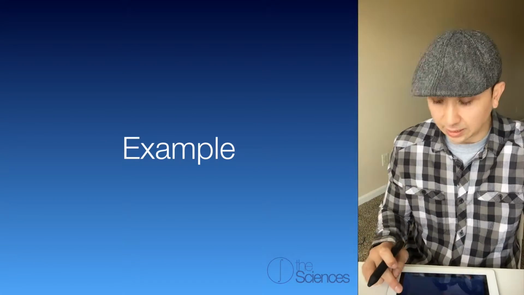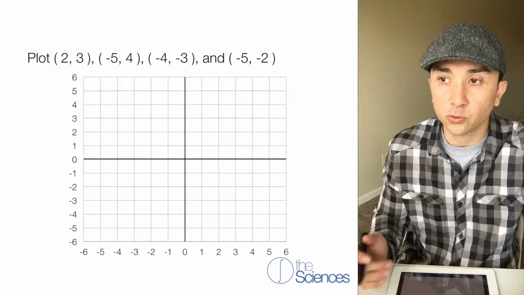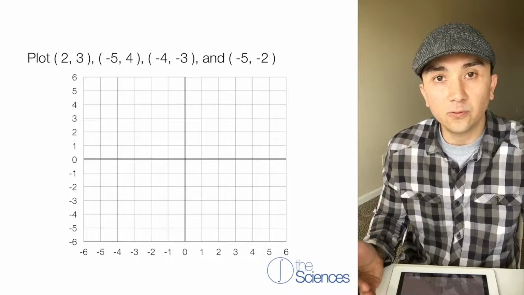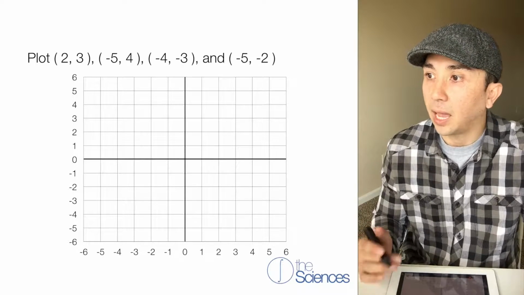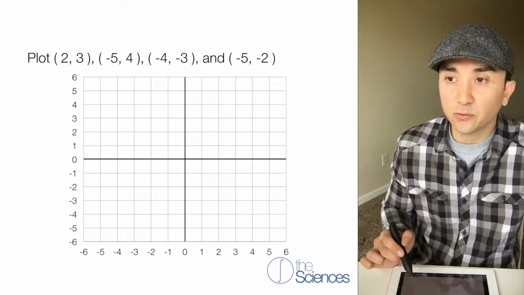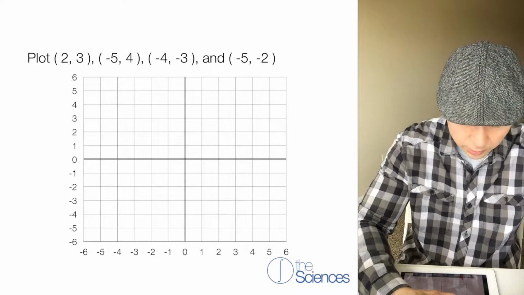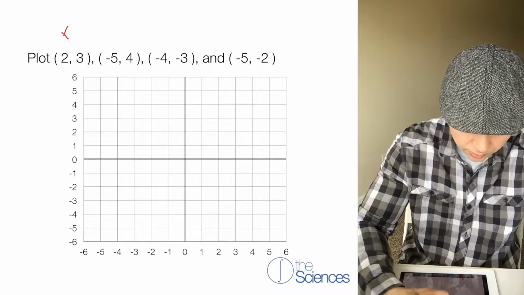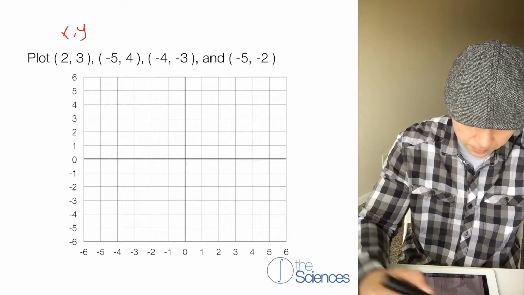So let's go over an example. Let's plot (2, 3), (-5, 4), (-4, -3), and (-5, -2). So let's first plot (2, 3). The 2 is the x-coordinate and the 3 is the y-coordinate.